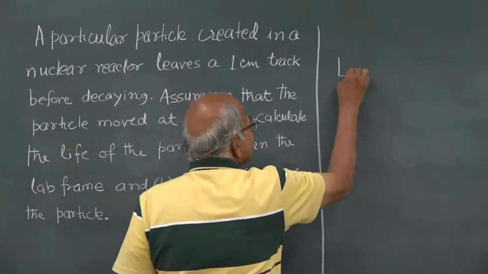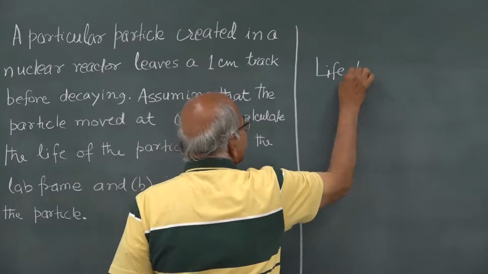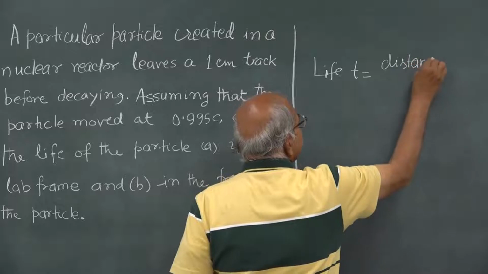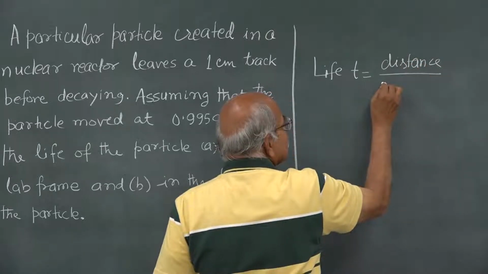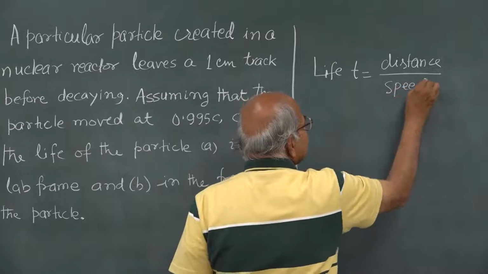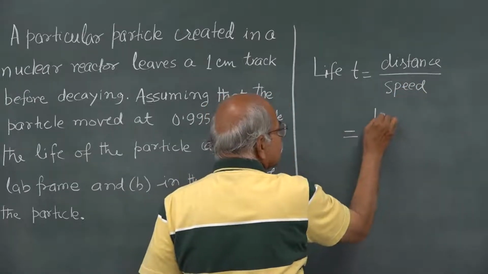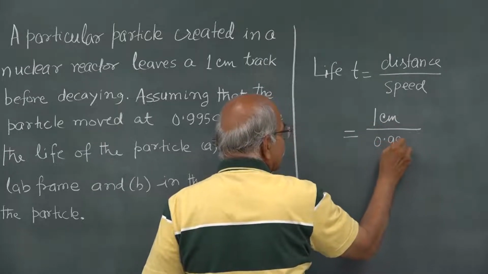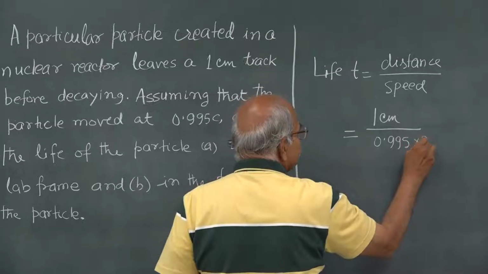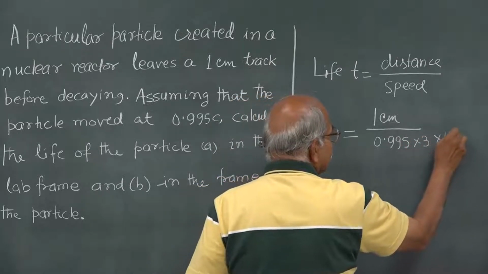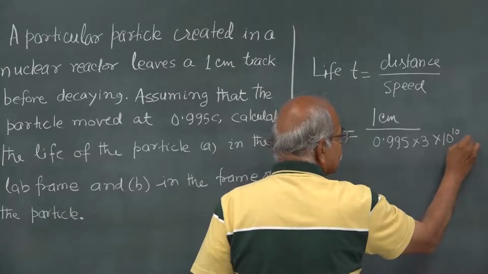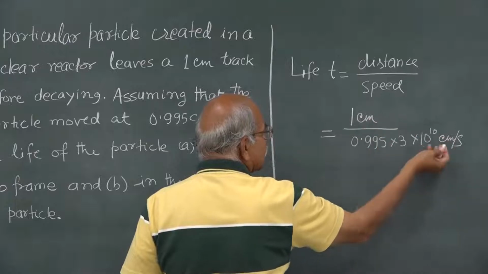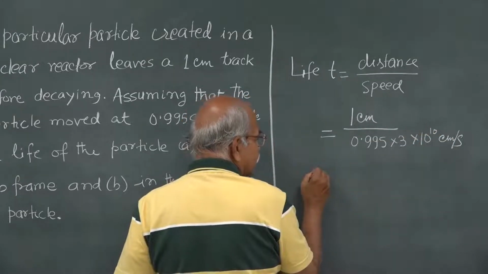So, the life, that means time, is distance travelled divided by the speed, and that is 1 centimeter divided by the speed, 0.995 C, 3 into 10 to the power 10 centimeter per second. You can cancel the centimeter and the whole thing will become in seconds.